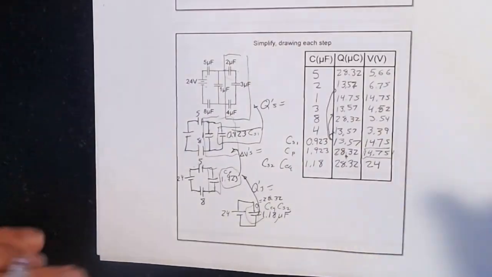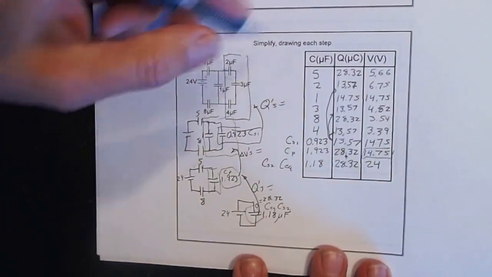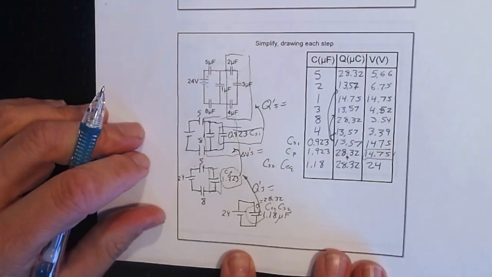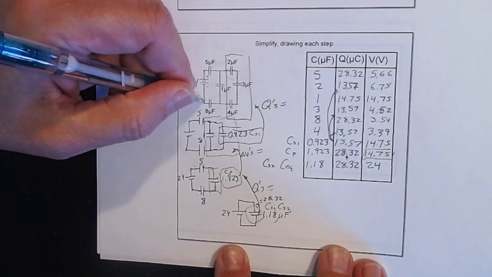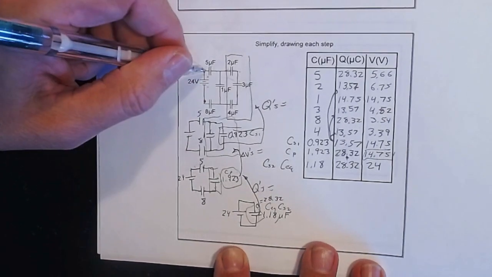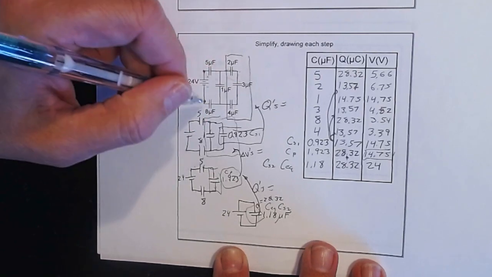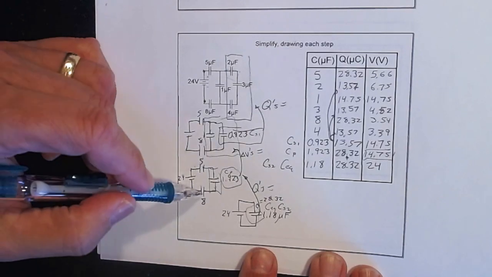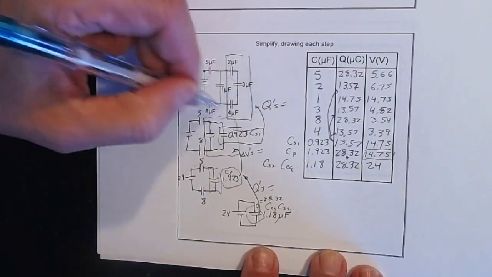Now, let me show you something about those voltages. It turns out anywhere you go around a loop, the total voltage has to be 0. In other words, if I go from here to here, it's 24 volts, right? Well, that energy change has to be the same over any of these branches here. So if I already did it with the delta V going around this one, let's go around that outside.